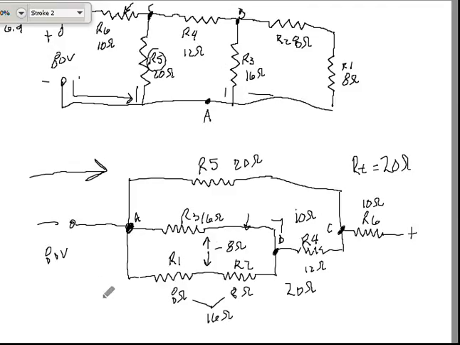And since I have 80 volts and a total resistance of 20 ohms, 80 volts over 20 ohms, well, that looks like it's going to be 4 amps. So R6 is going to see 4 amps.